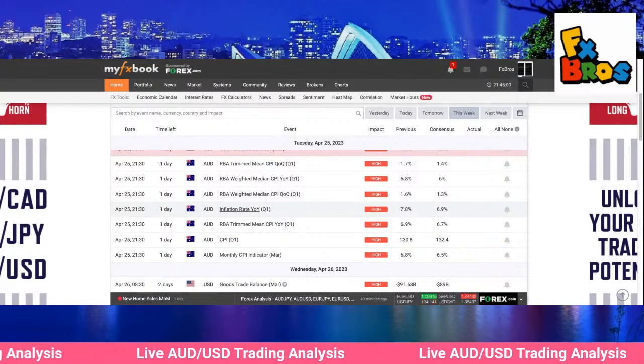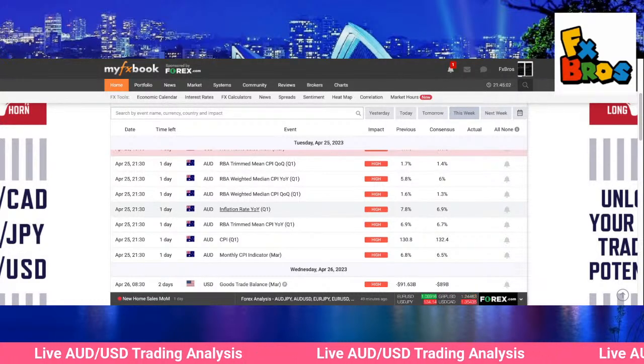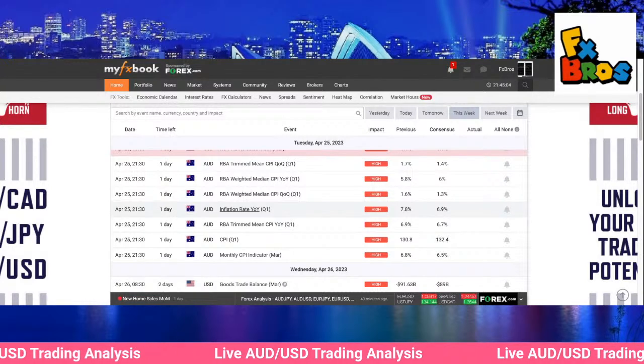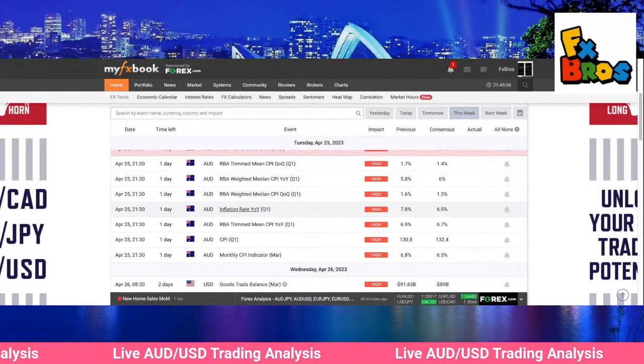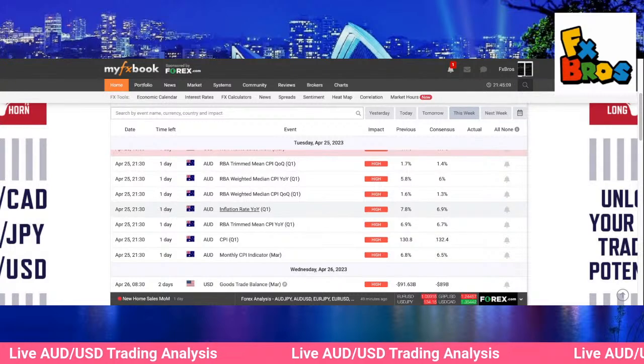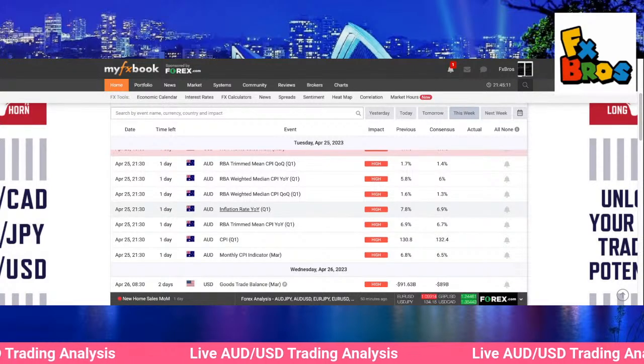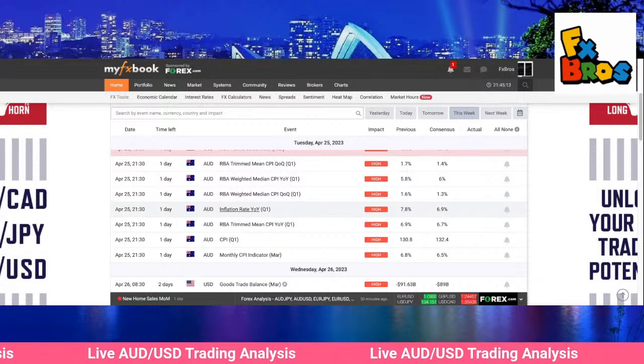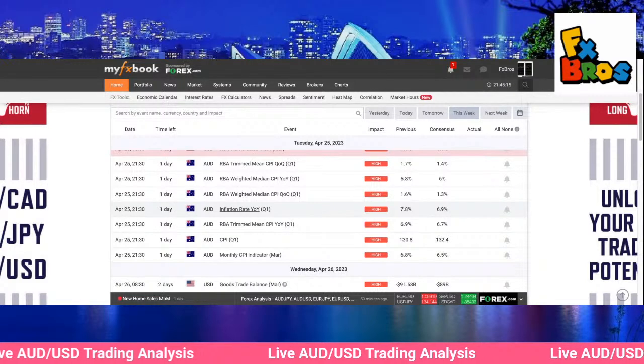A higher than expected figure should be positive. The last release was previous 7.3, consensus 7.5, and then actual was 7.8.